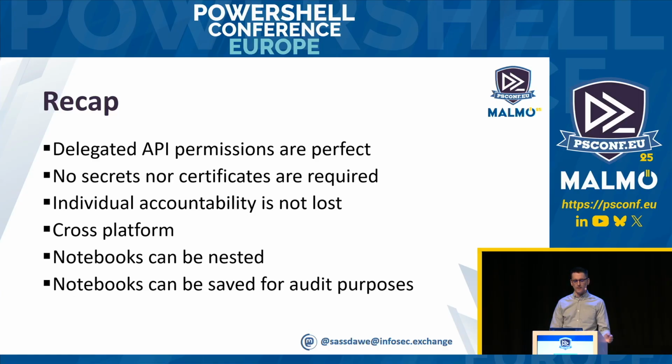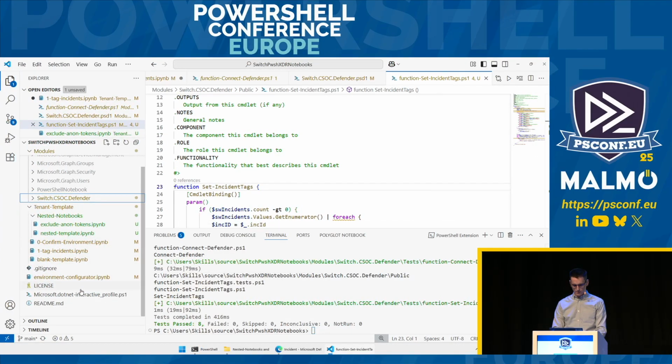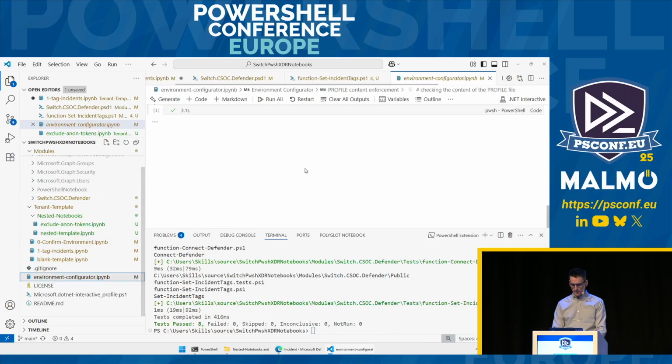Individual accountability is not lost, which is super important for customers to know who worked and when on an incident. This is cross-platform, which we don't rely on for operations. We have the Windows machines, but for development purposes, we develop these things on our MacBooks. And cross-platform ability is mostly visible here.